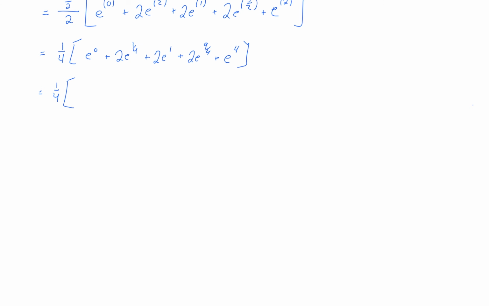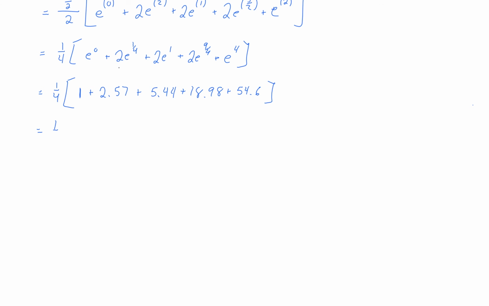Well, you don't have to for the first one. E to the 0, anything to the 0th power is just 1. And I have already plugged these in the calculator, so I'm going to write the decimal approximations of each of these. We get 2.57, 5.44, 18.98, and e to the 4th is 54.6.